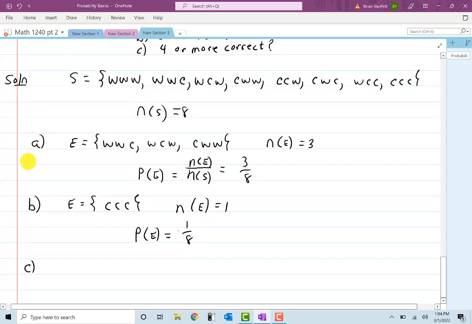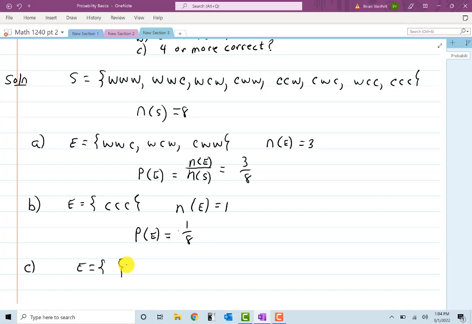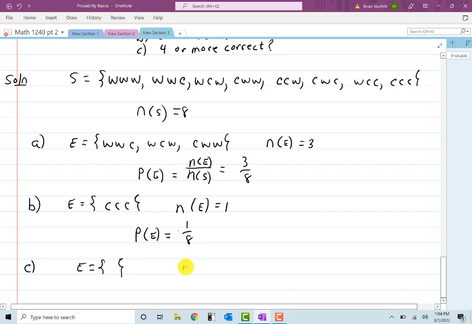And then finally, 4 or more: if you take a look at this, there are no items in the sample space that have 4 C's or more. So E is called the empty set. The size of E equals 0, and the probability of E is 0 out of 8, which is just 0.